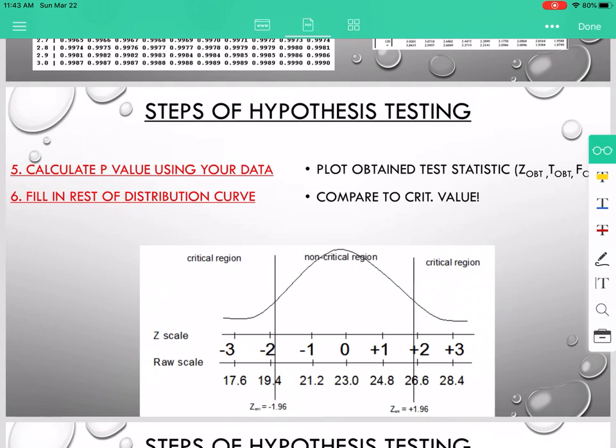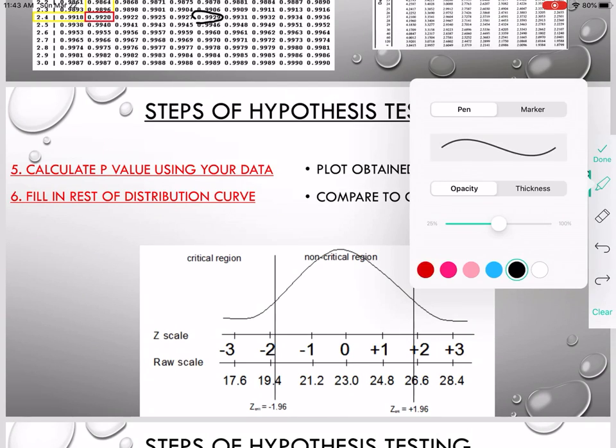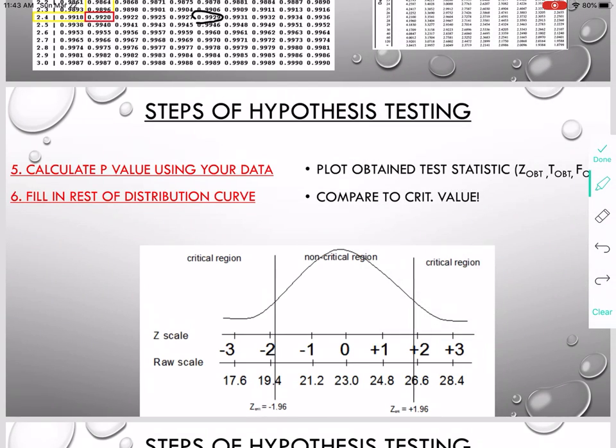The values in the raw scales are different from the values that I put up there, but we would just know that the Z scale is a standardized scale with no unit, and the raw scale is an actual unit for whatever we're measuring. Then we put in our critical value, and we can see the critical value is what I said it was. There we go. This was our critical score, 1.96, critical.